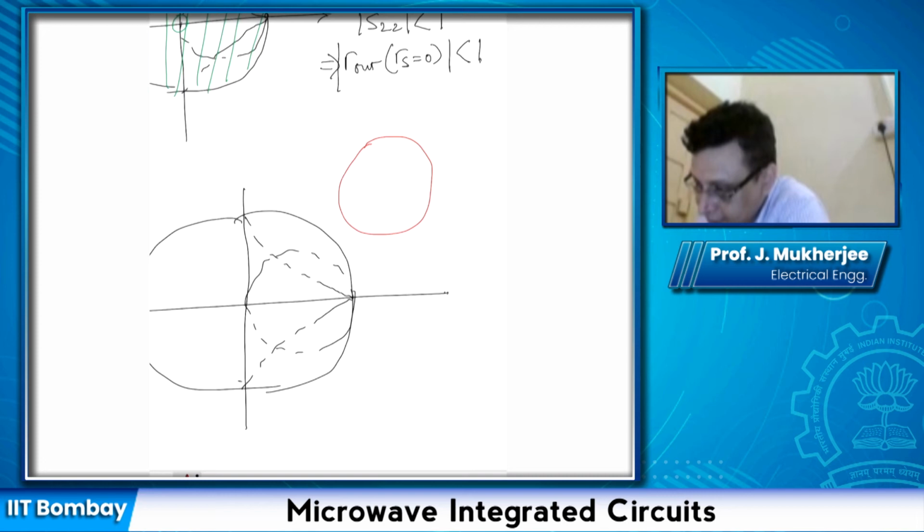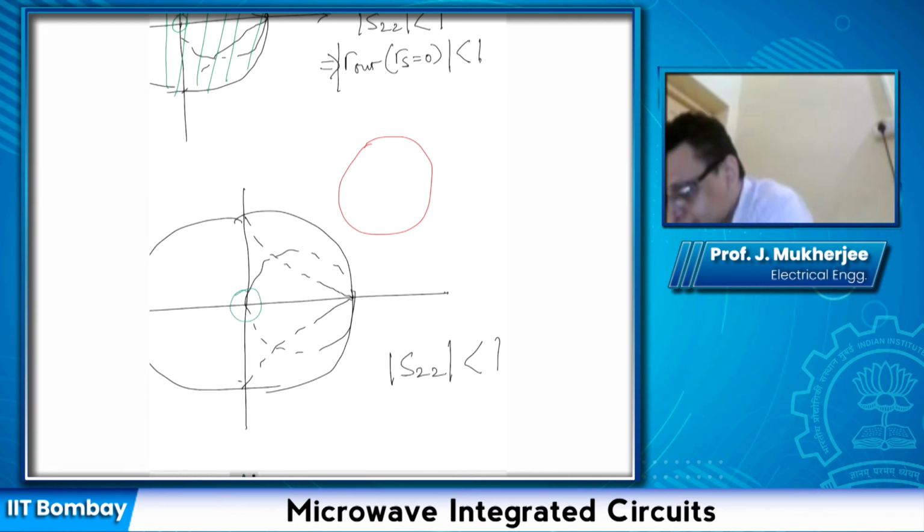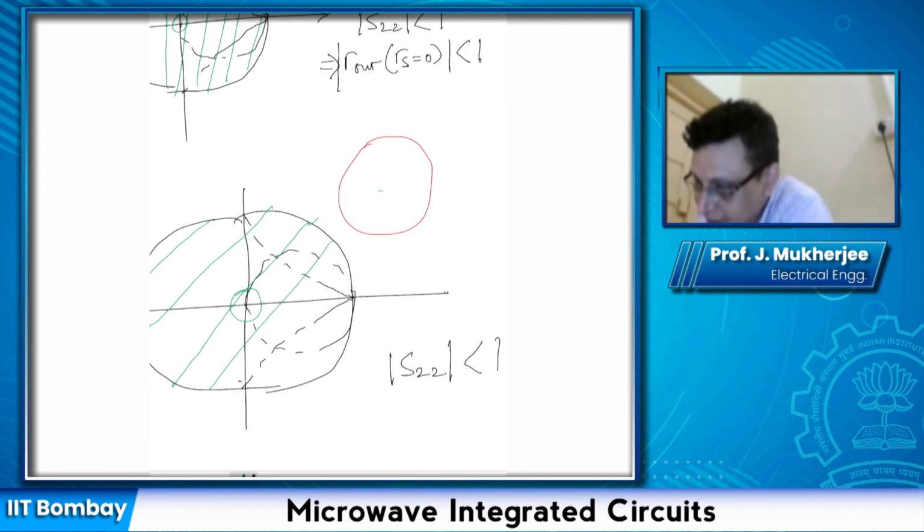Suppose now we have S22 magnitude lesser than 1. Then again, this point, the origin, represents a stable point. Therefore, the inside of this circle is the unstable region. So the stable region is nothing but the entire unit circle, which basically is the condition for unconditional stability.